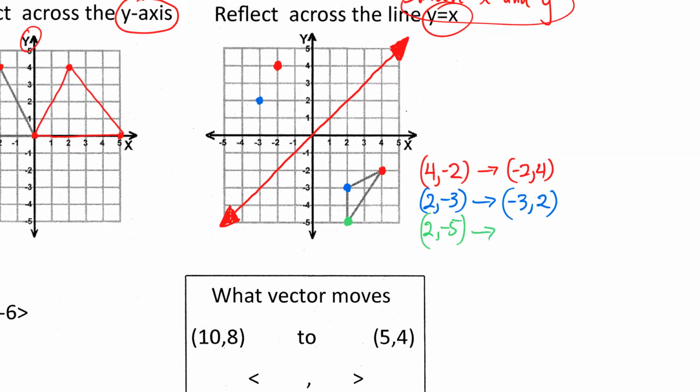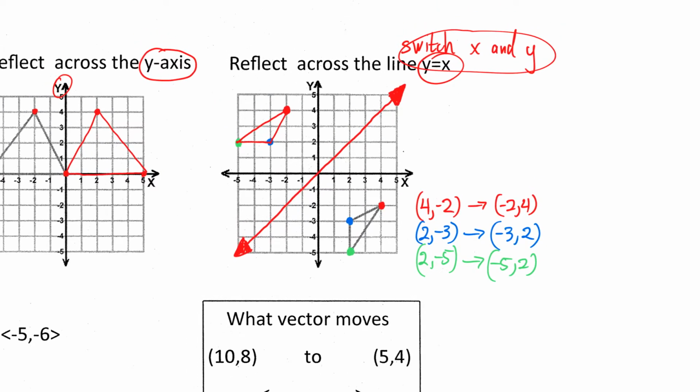And so what's that going to turn into? -5, 2. And that's going to be right there. So like that. If you took your paper and folded it along this line, y equals x, those two would land on top of each other, they'd match up.